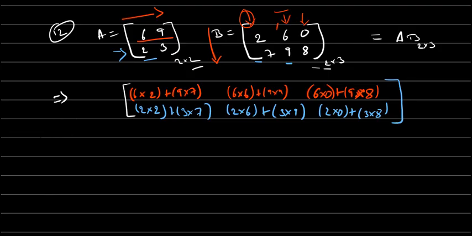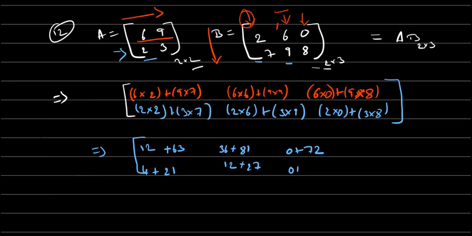The answer is: 6 2s are 12 plus 9 7s are 63. 6 6s are 36 plus 9 9s are 81. 6 0s are 0 plus 9 8s are 72. 2 2s are 4 plus 3 7s are 21. 2 6s are 12 plus 3 9s are 27. 2 0s are 0 plus 3 8s are 24.